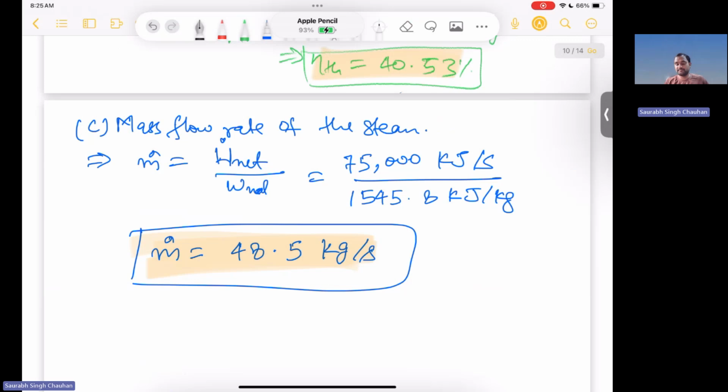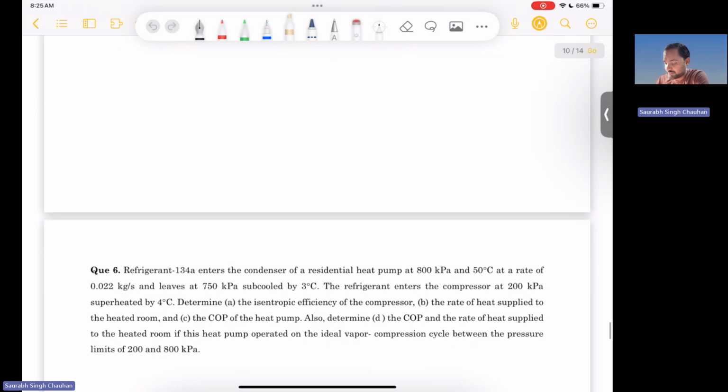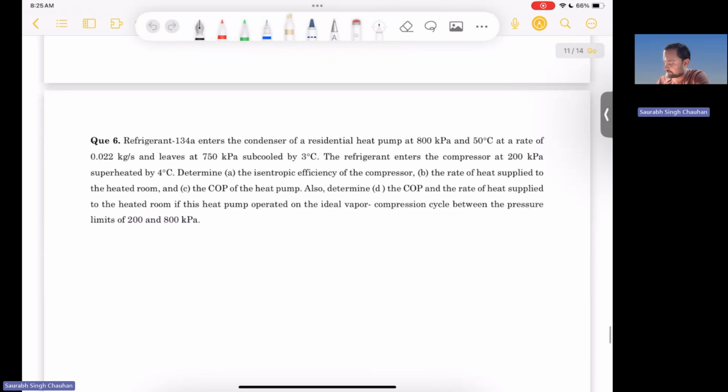So nothing special, only we need to check the value from steam table, and everything is simple. We just need to substitute the values and calculate the required quantities. So now we will move to the next question.